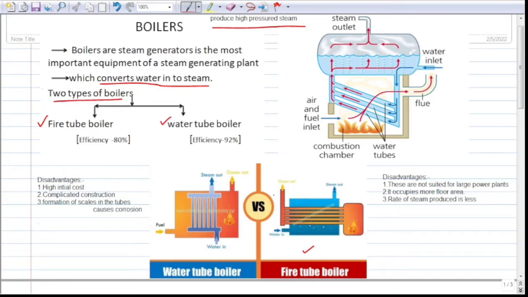This whole arrangement is placed in a sealed container.